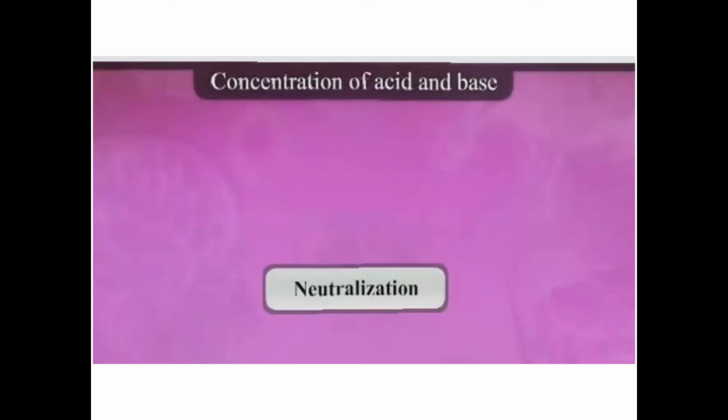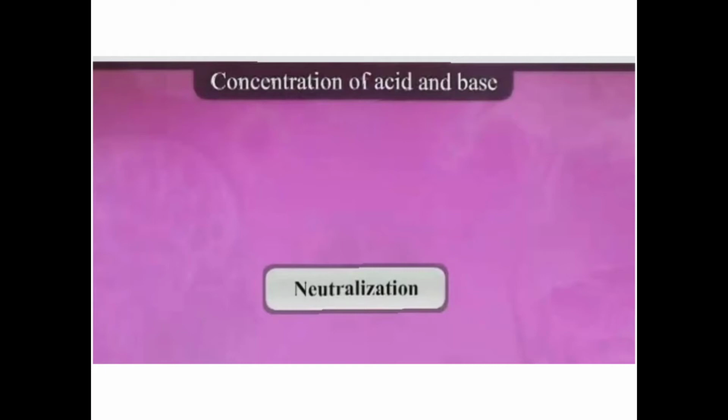If you remember, your mama cleans the copper vessel with tamarind. Yes, nowadays pitambari is used, but previously tamarind used to be used. So how is tamarind? The things which are acidic in nature, it is sour, isn't it, so it is an acidic substance.